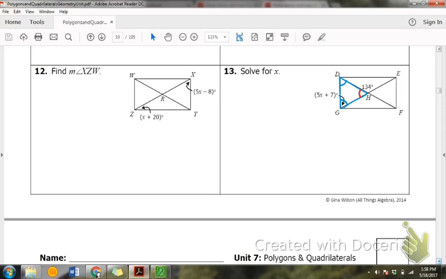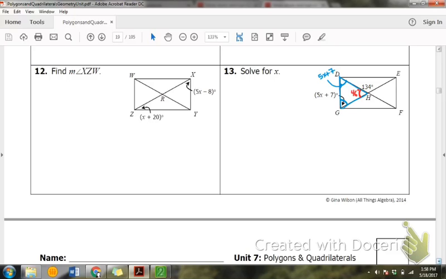How do you know that it's 46? Because I took 134 minus 180. So this is 46. Okay. Then what do we know about the two blue angles? That they're equal, right? So if the bottom one is 5x plus 7, then this one is also 5x plus 7.